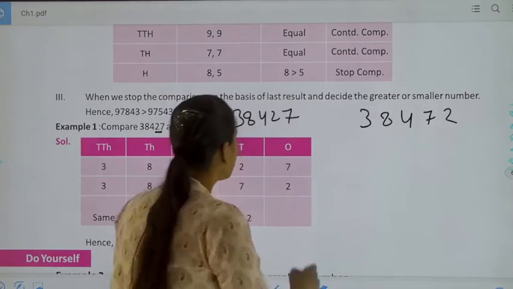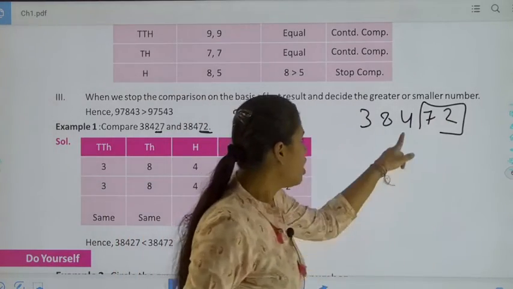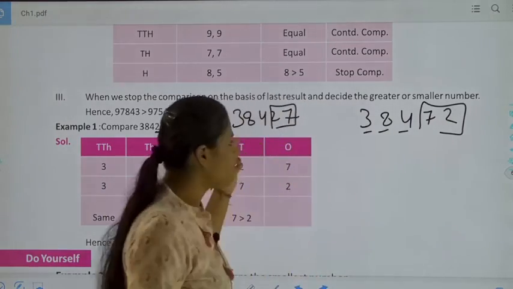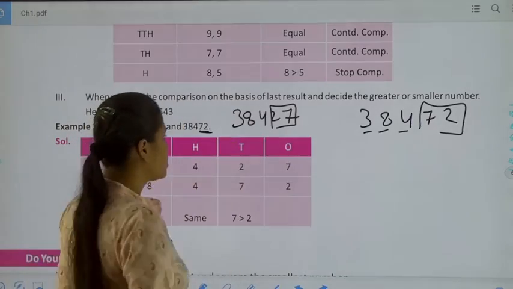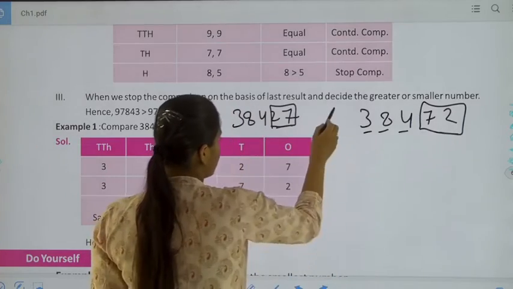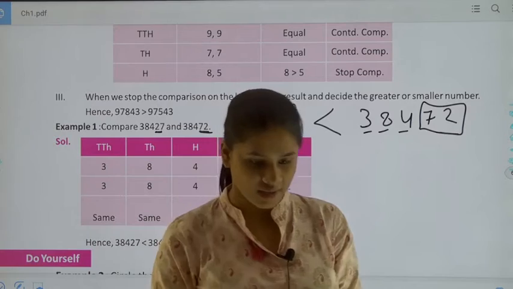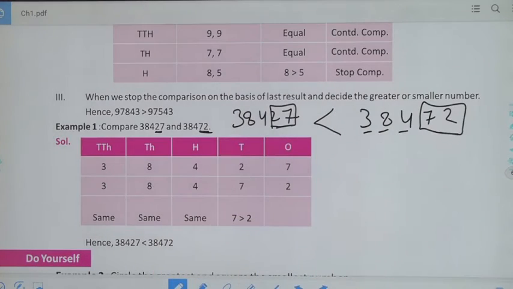So students, ones and tens digits are different. Ten thousands and thousands values are the same, but is 27 greater or is 72 greater? 38,472 is greater. I hope you understand this concept.